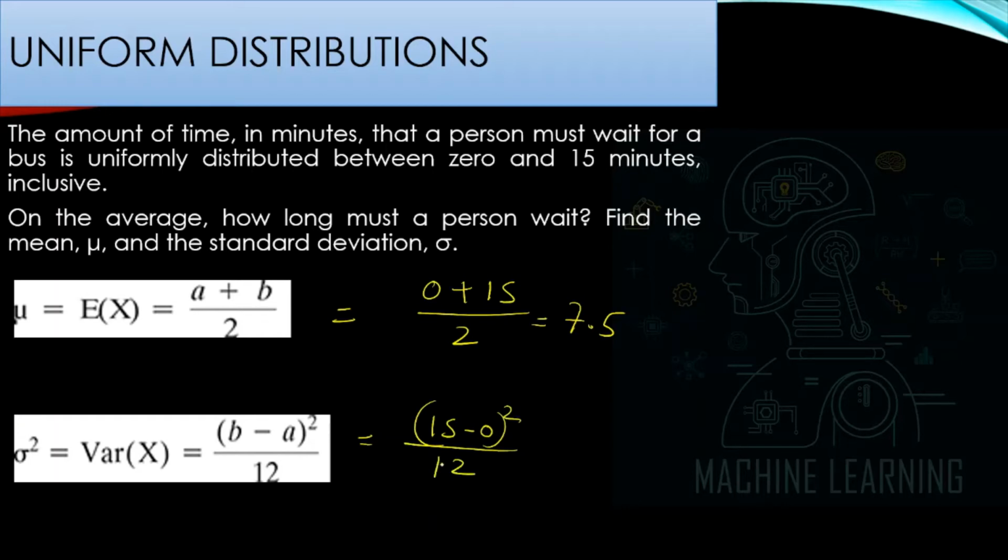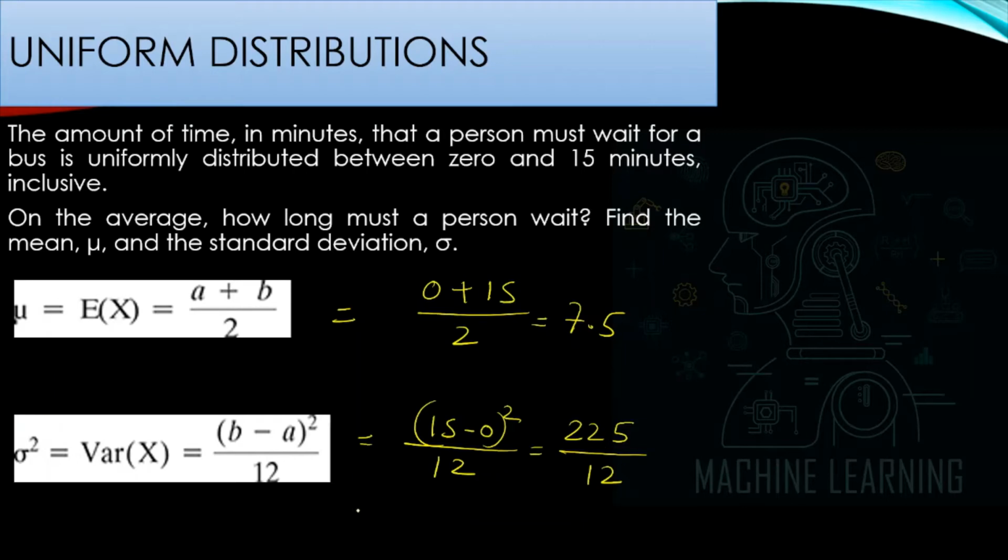And let's quickly do 15 into 15. If I do 15 multiplied by 15, that's going to give me 225. So this is 225, and divide that by 12. So 225 divided by 12 is 18.75.